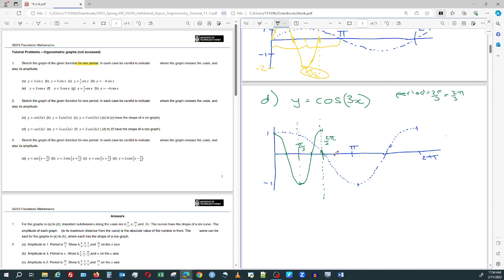Okay, very good. All right, where are these points here? What's half of pi on 3? Pi on 6. So we have to add pi on 6 to get to here. Pi on 6 plus pi on 3 is 2 pi plus pi, which is 3 pi on 6. 3 pi on 6 is pi on 2, did you see it?